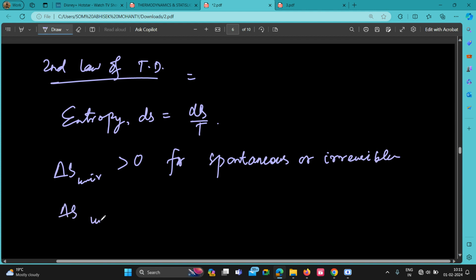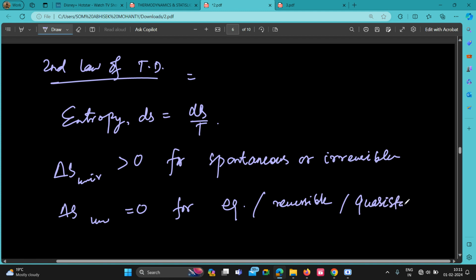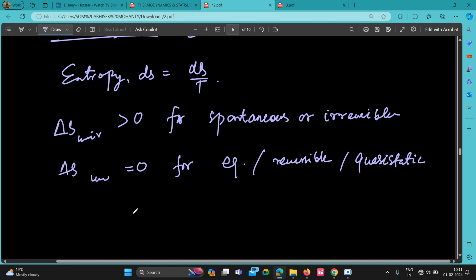Del S universe is equal to 0 for equilibrium or reversible or quasi-static process. And del S universe is equal to del S system plus del S surrounding only.